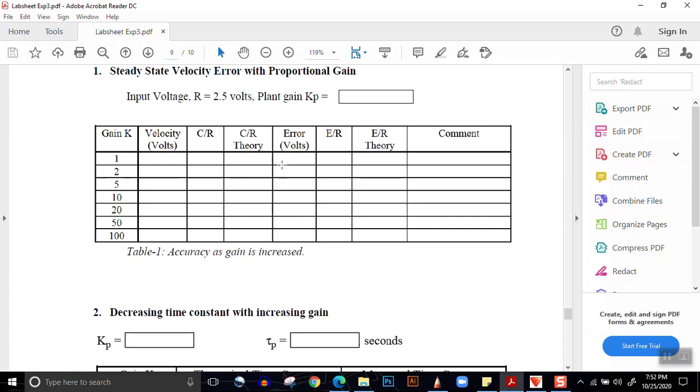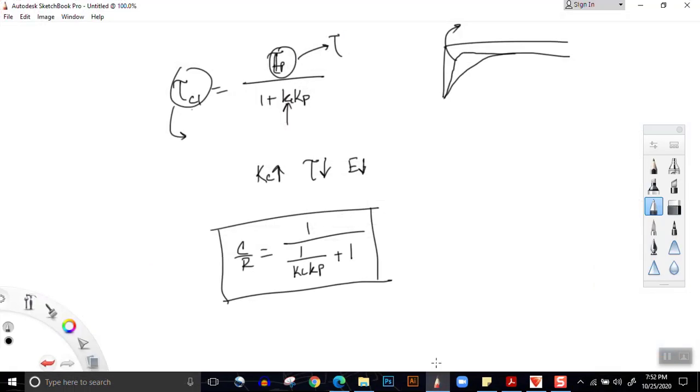Error is basically equal to input minus this velocity volts, and E by R is this error divided by input voltage. And E by R theory is what we have learned from the expression, E by R is equal to 1 by 1 plus KcKp.